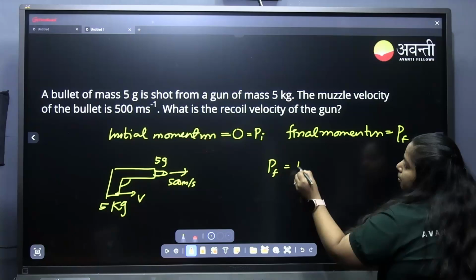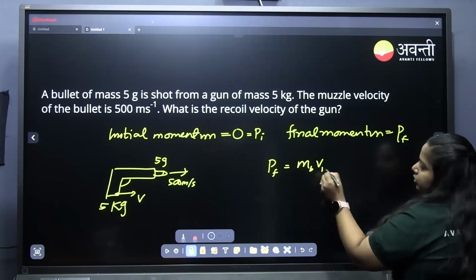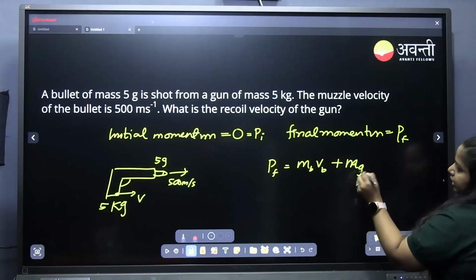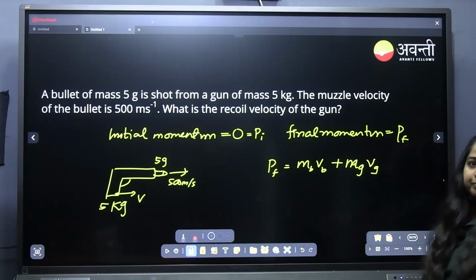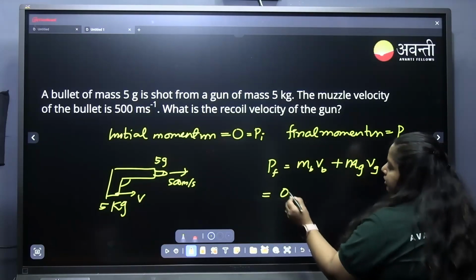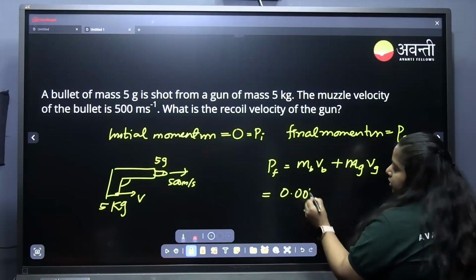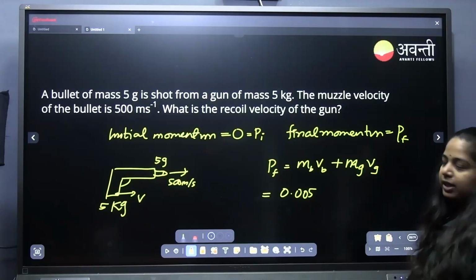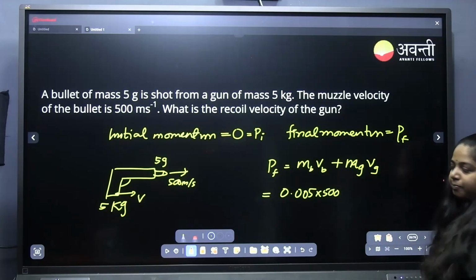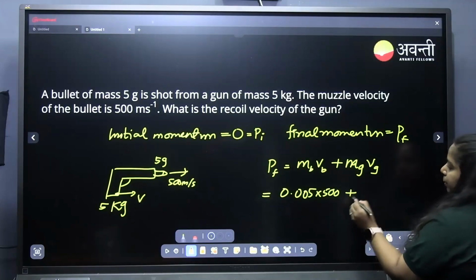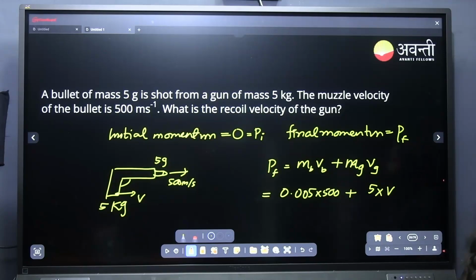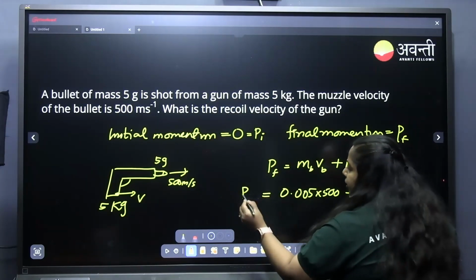PF equal to mass of bullet into velocity of bullet plus mass of gun into velocity of gun. Substituting here, 5 gram is 0.005 kg times 500 meter per second velocity plus mass of gun 5 kg into v velocity. This is final momentum.